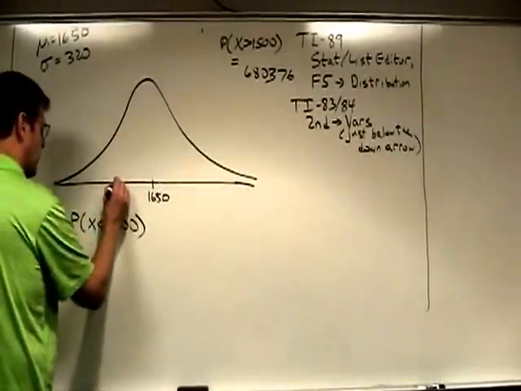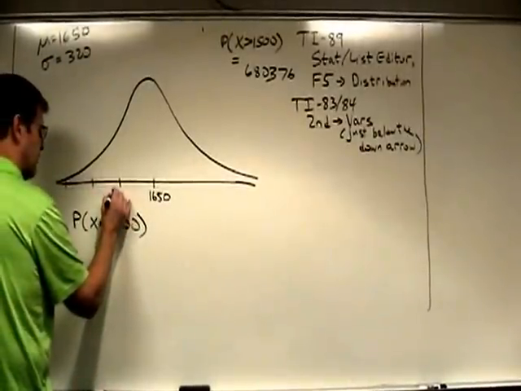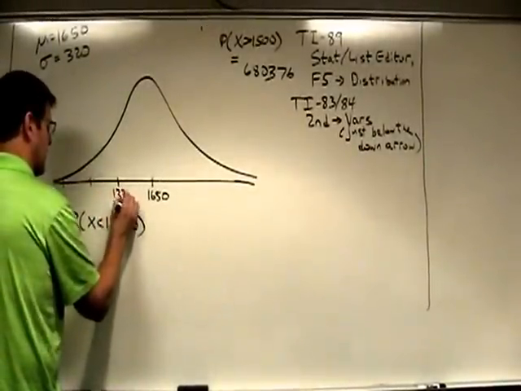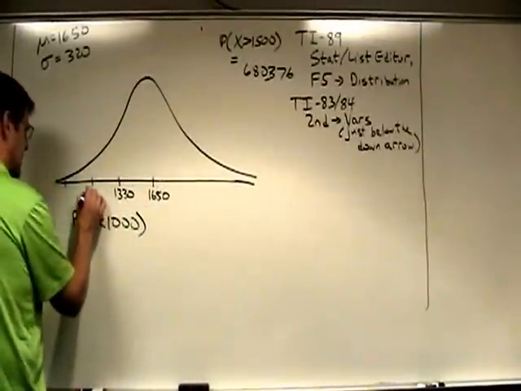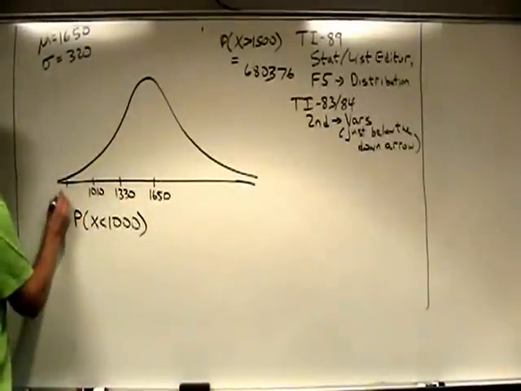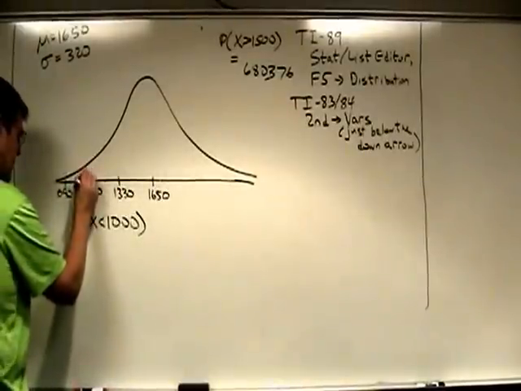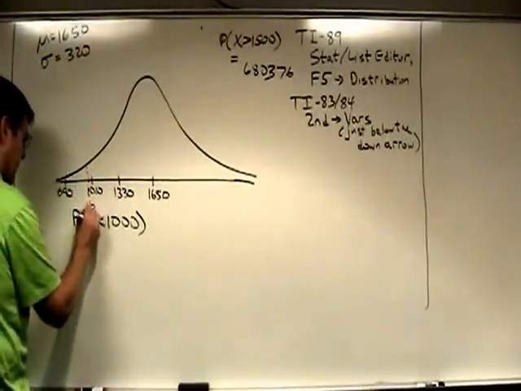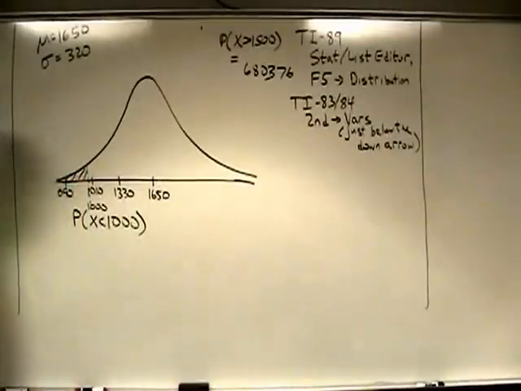If we mark off 1, 2, and 3 standard deviations, we said before this is going to be 1330, this is going to be 1010, and this is going to be 690. So 1,000 is right about here, and we're interested in that region right there. So visually, you can see that this is going to be pretty small.